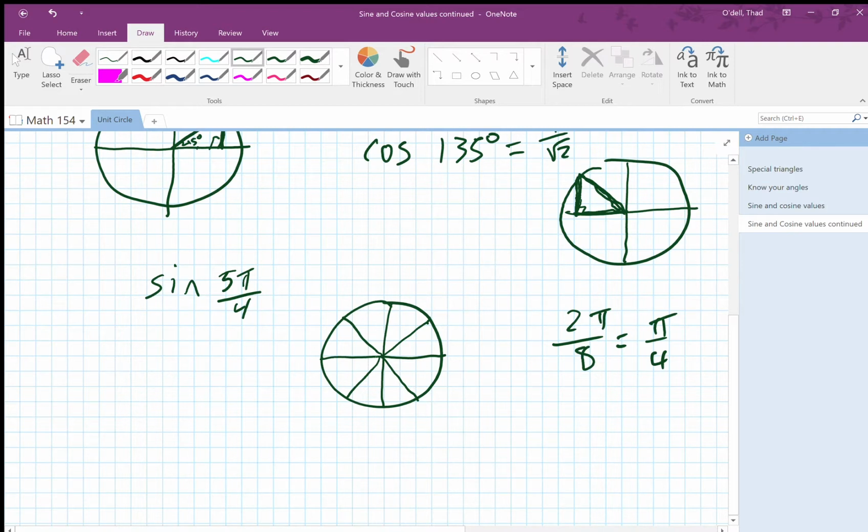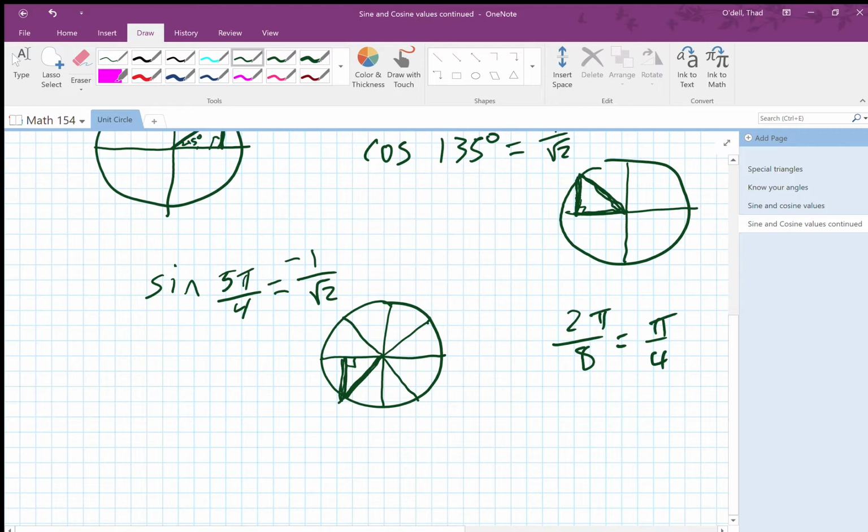So I'm looking right there. If I draw my line to the x-axis, I form a 45, 45, 90 triangle. And since I'm looking for sine, that's the opposite side. That's this guy over here. But of course, they're both 1 over rad 2. But since I'm going down below the x-axis, that would make this a negative 1 over rad 2.